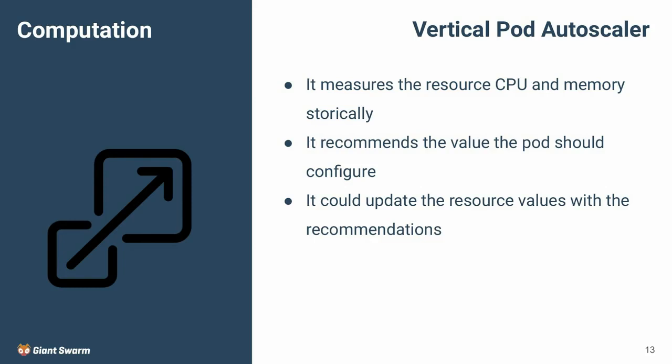And the vertical pod autoscaler, what it's doing at the end is measuring the historical data, the CPU and memory that your applications are using, and it's going to recommend what is the value that you should use, right? It could automatically update your resources, but if you are already using the horizontal pod autoscaler, it's not a good idea because there are certain scenarios where they can fight between them, and you can have undesired effects on how the application at the end is behaving.